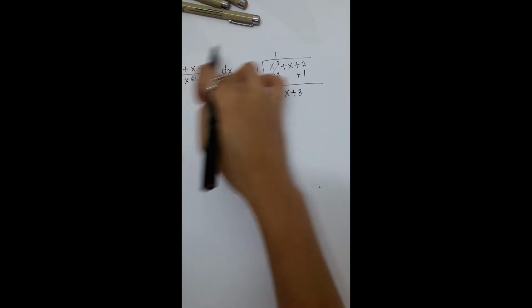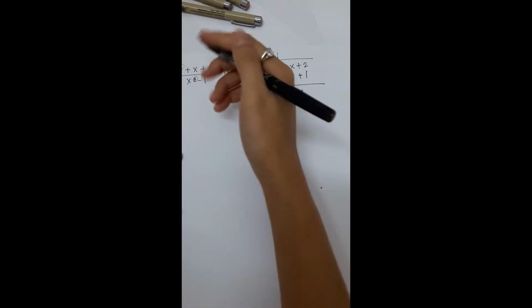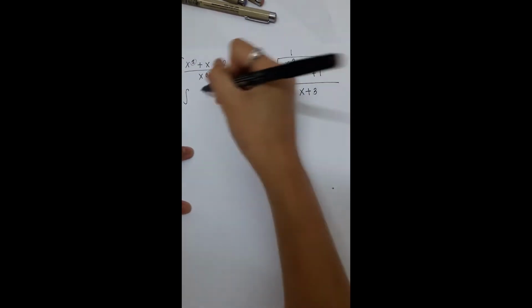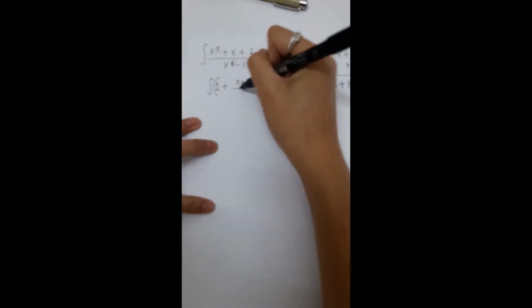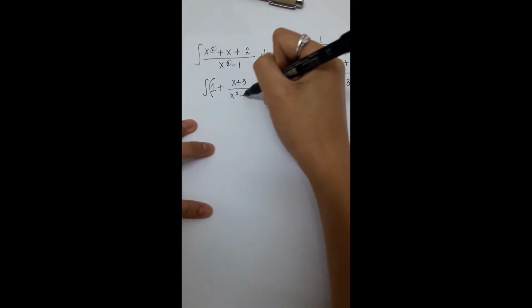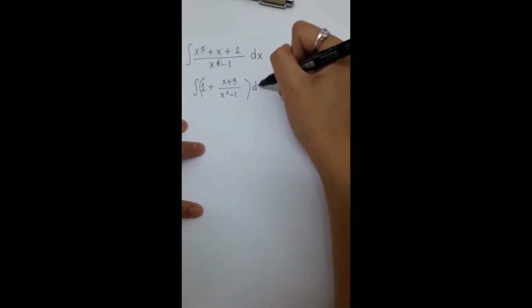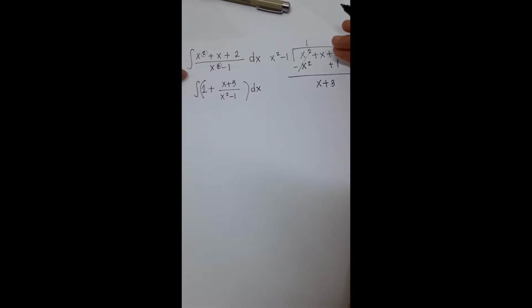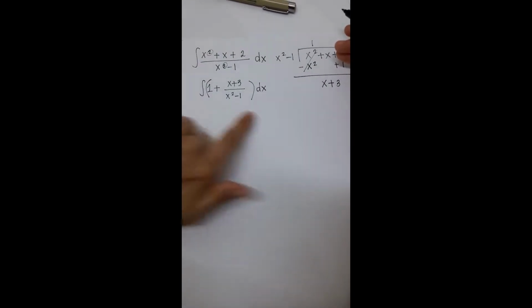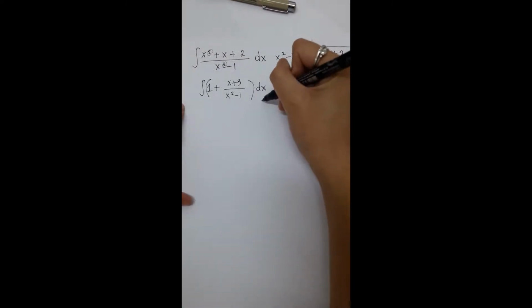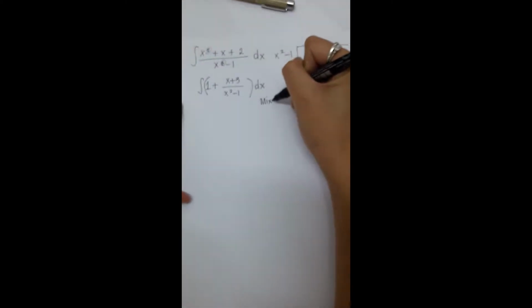So rewriting this expression, we will arrive with 1 plus x plus 3 all over x squared minus 1 dx. So this first expression is an improper fraction, and now it is already a mixed fraction.